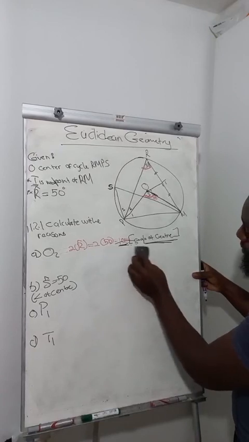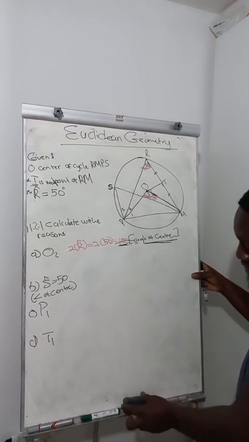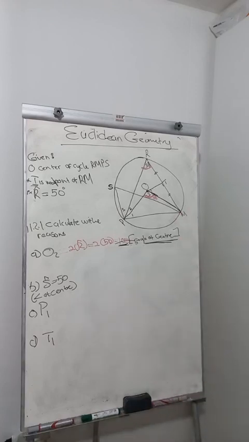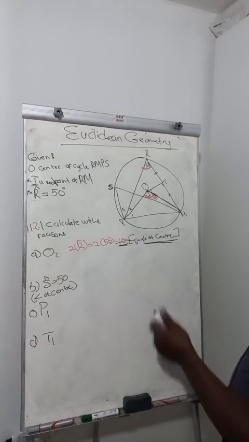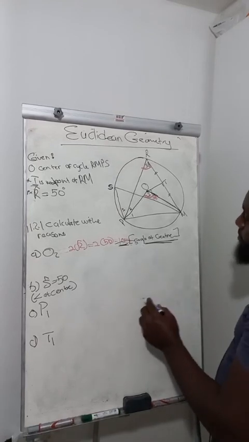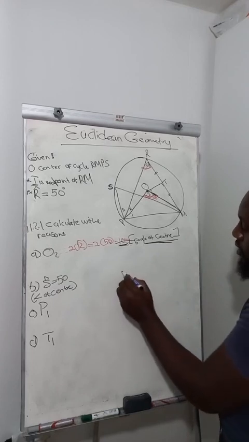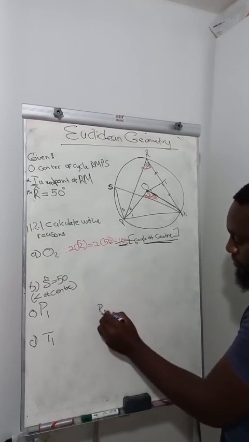And now, let's move past that and go to P1. Let's look at P1. Look at where P is. Now P1 is somewhere here.